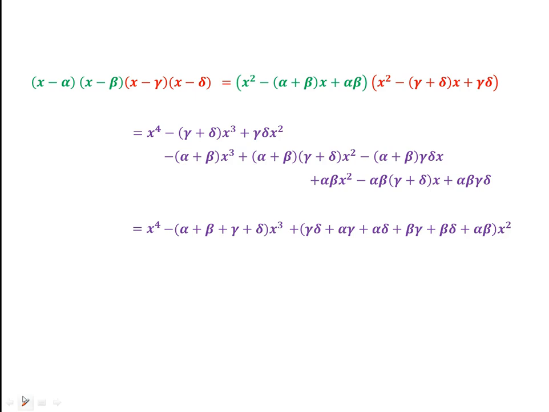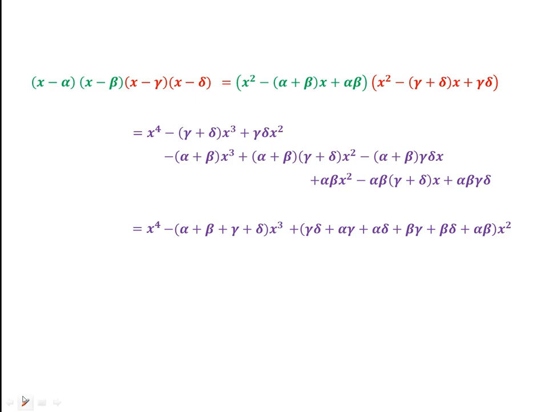Looking at the x terms, from the middle line above, we've got minus alpha gamma delta x together with minus beta gamma delta x. And from the bottom line, we've got minus alpha beta gamma x and also minus alpha beta delta x.